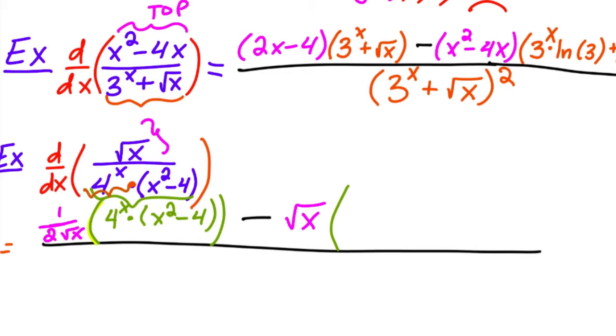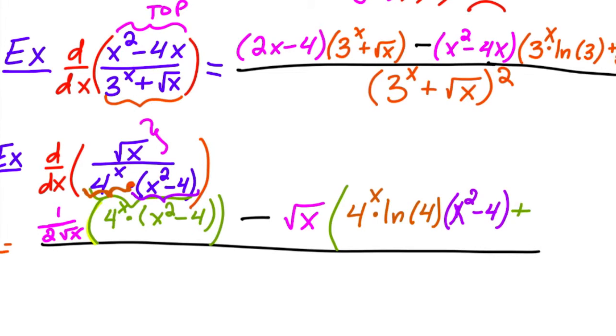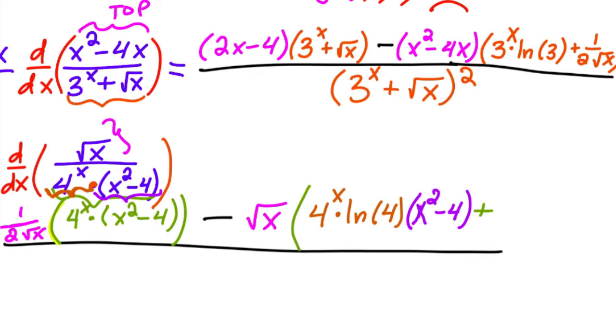I'll call this one the first, in brown, and the second in purple. So I do the derivative of the first, which is 4 to the x times natural log of 4, times the second, leaving it alone, x squared minus 4, plus the first, leaving it alone, 4 to the x, times the derivative of the second, which is 2x.